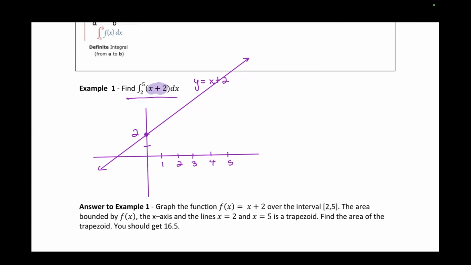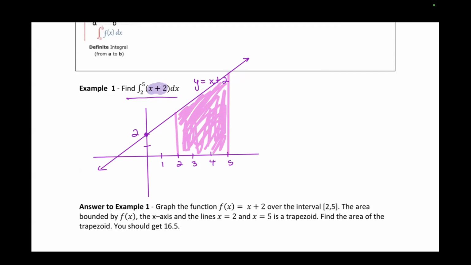If I go up from 5 and from 2, that's the area that I am looking for that'll be equal to my definite integral because my limits of integration are 2 and 5. So I go from x equals 2 to x equals 5.